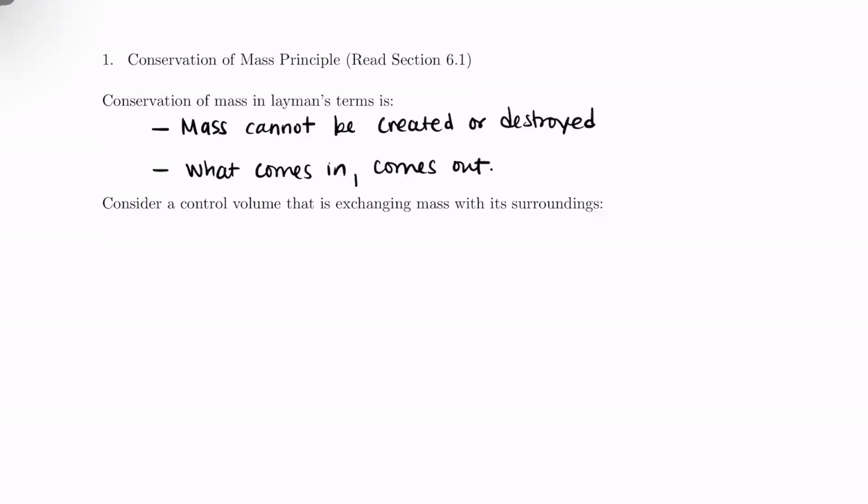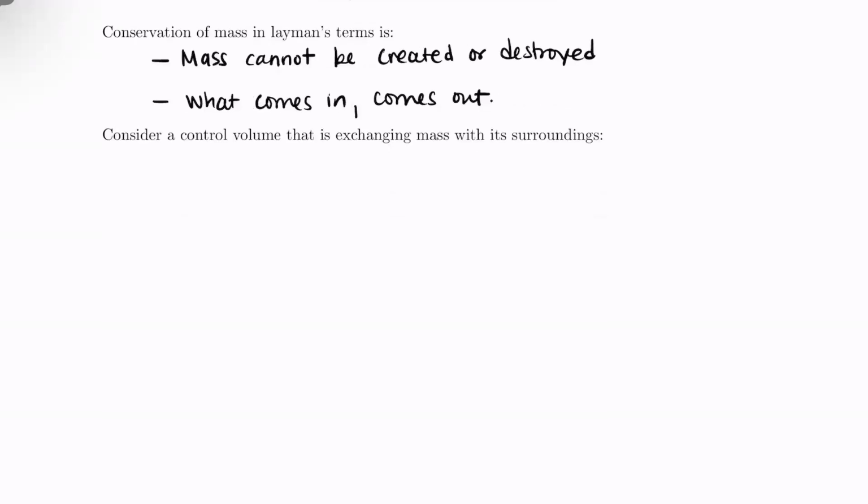So what we'll do to formalize conservation of mass is we are going to look at a control volume that's exchanging mass with its surroundings. So if we have our little blobby control volume right here, so here's our CV. And we're going to draw our control surface around it. So this is our control volume boundary.